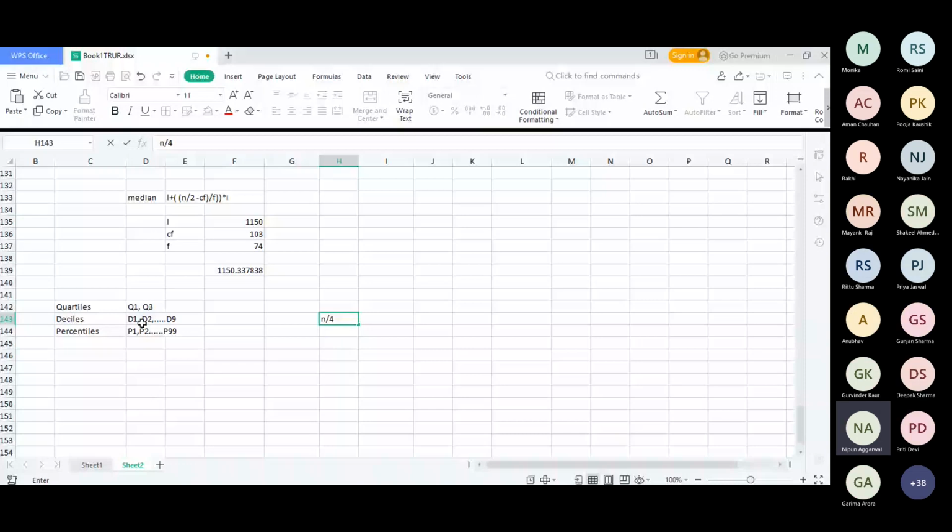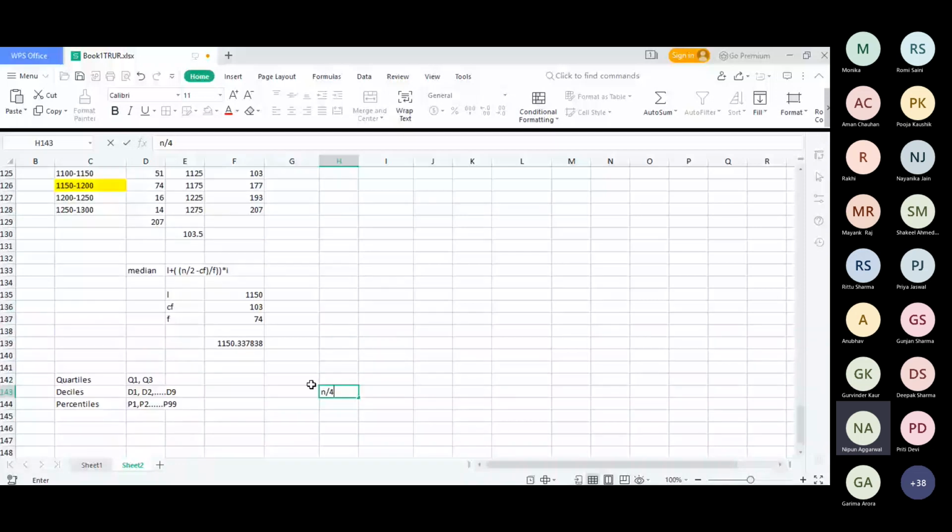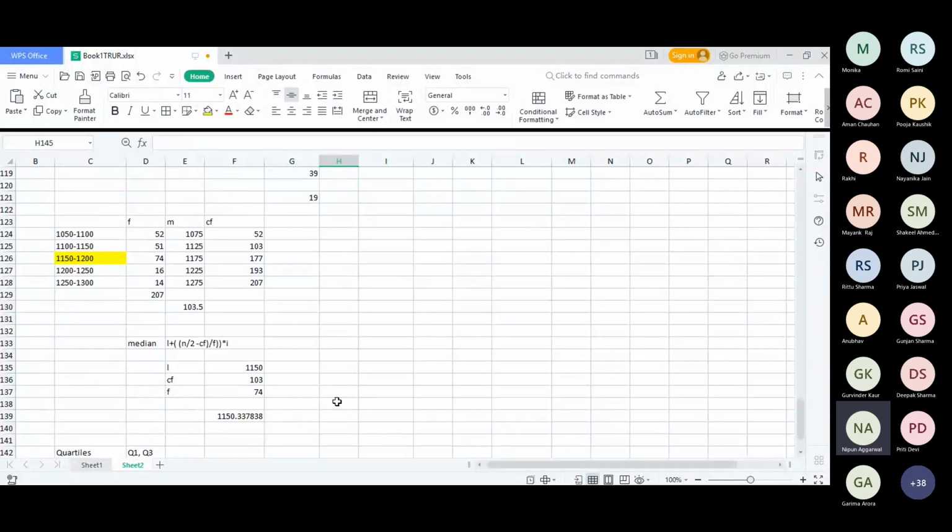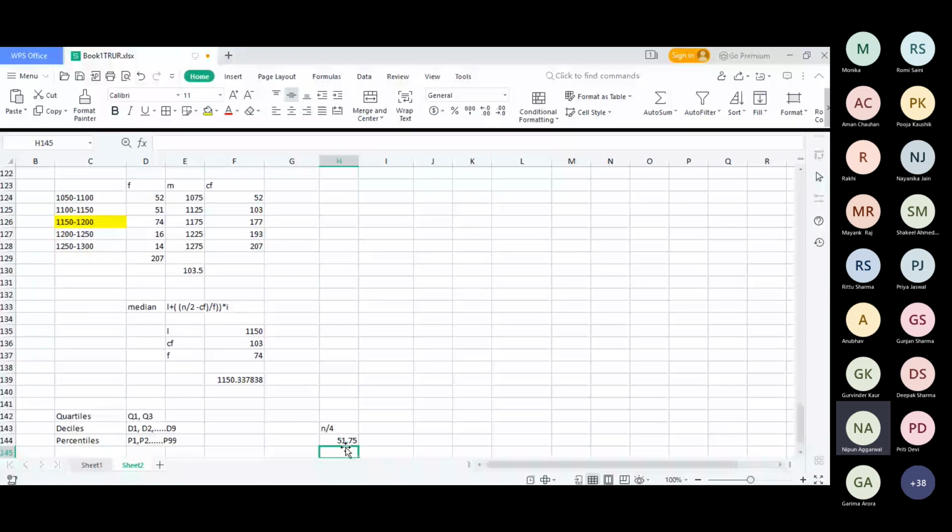Because we want to calculate Q1, we'll first calculate n by 4. So 207 divided by 4 becomes 51.75. So 51.75 is your n by 4 value.